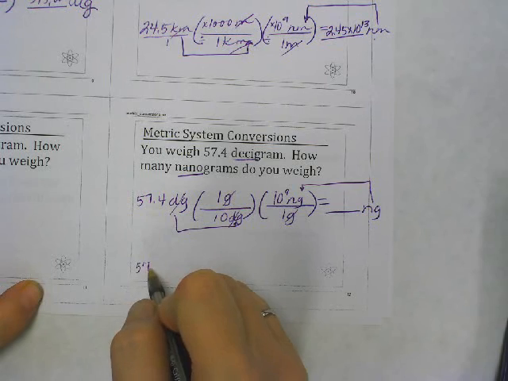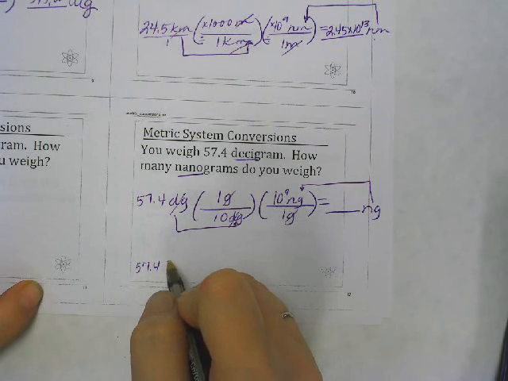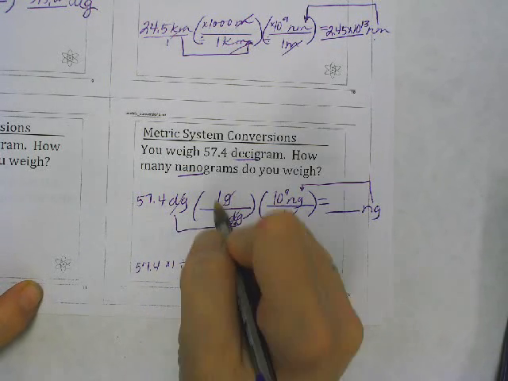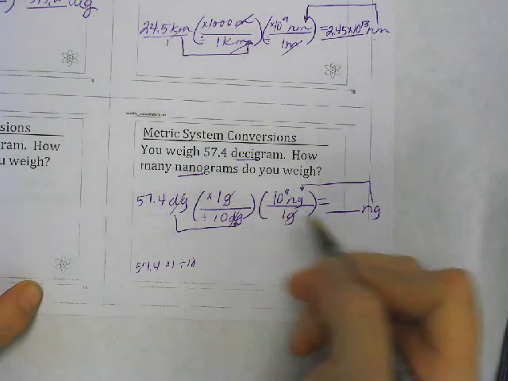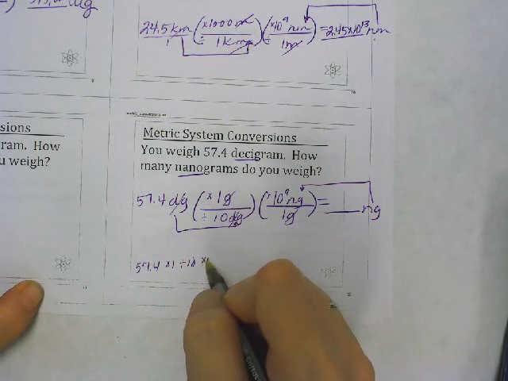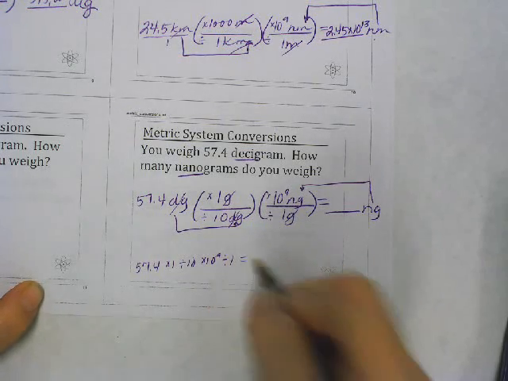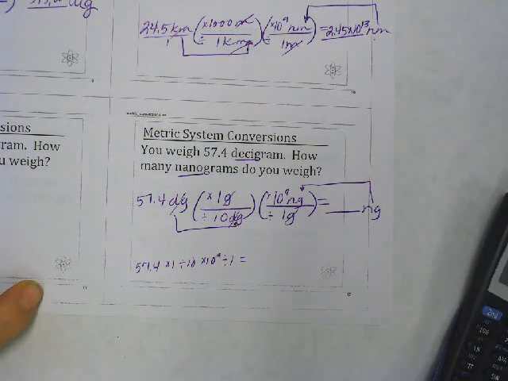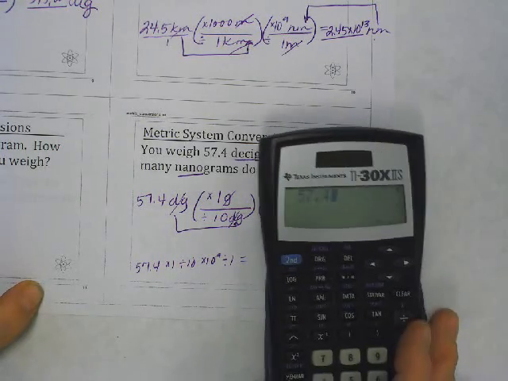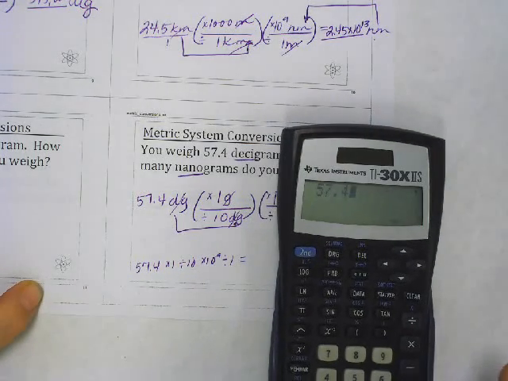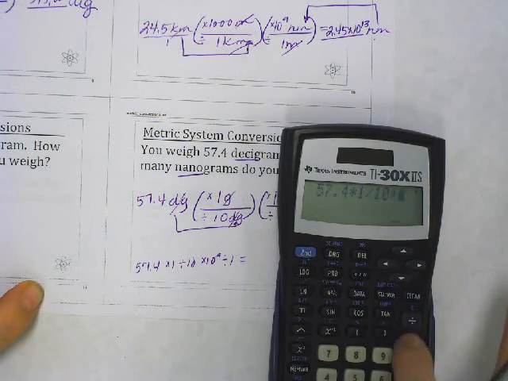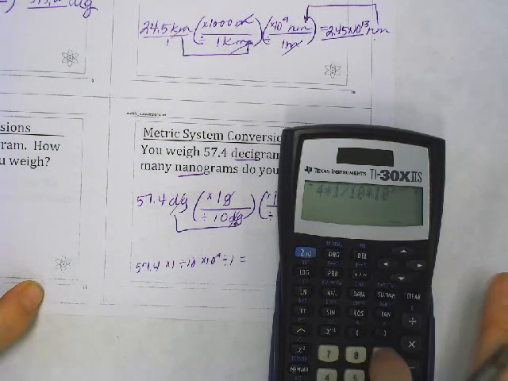So on my calculator, 57.4 times 1 divided by 10 times 10 to the 9th divided by 1.